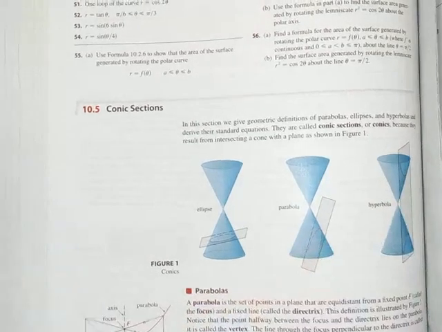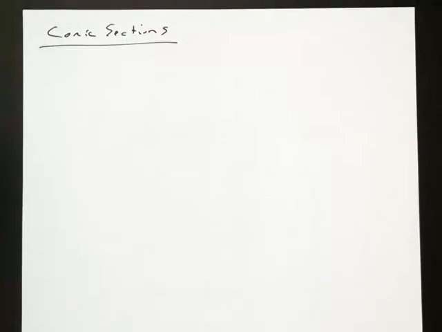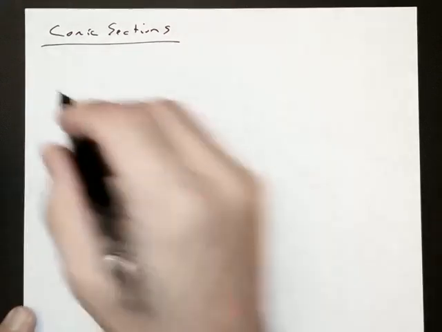But because Apollonius was a Greek mathematician, he did all of this geometrically. And he did it in terms of distances. And so the definitions turn out to be determined by points and lines.